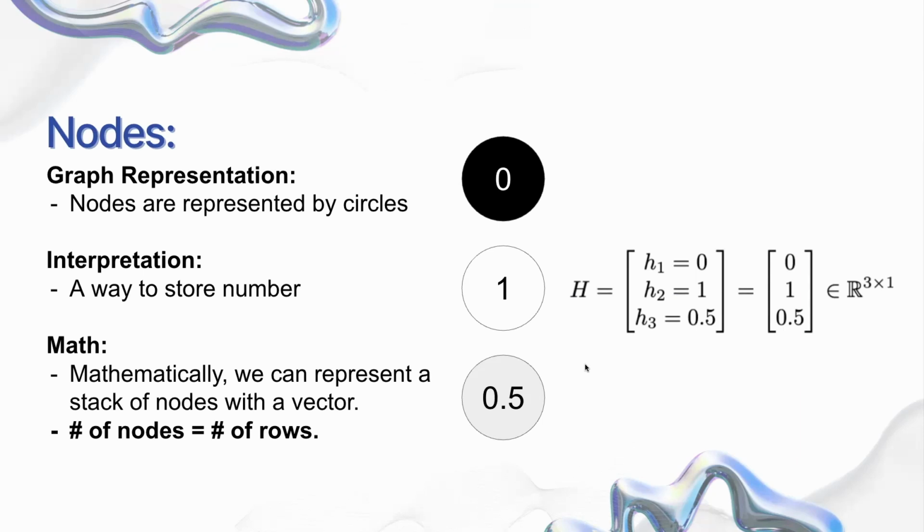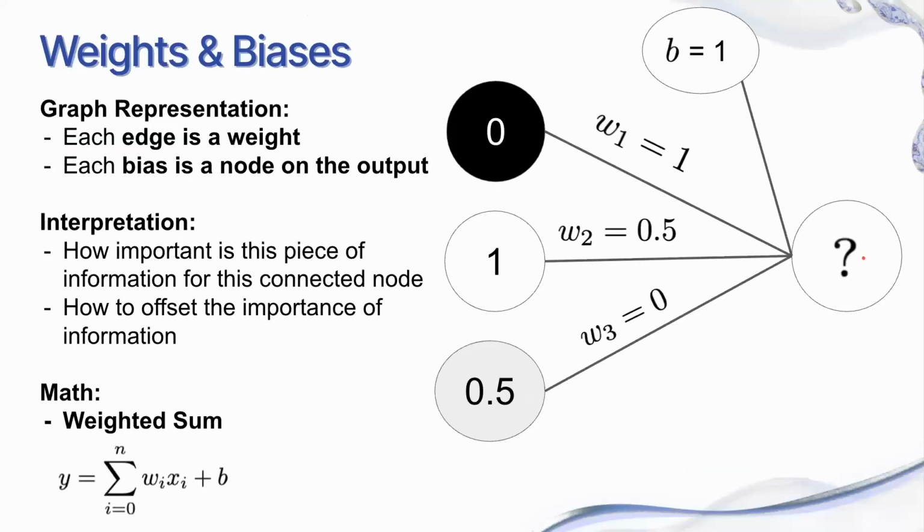Because we have 3 nodes here, the vector has 3 rows. I'll talk more about what these numbers represent later. Now, for our weights and biases, if the nodes are the circles, our weights are represented by the edges.